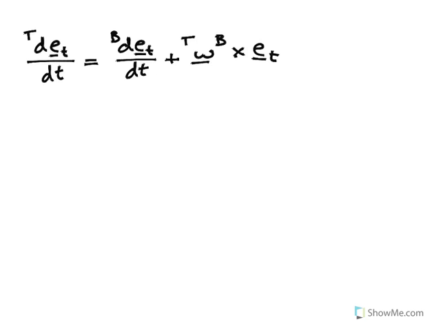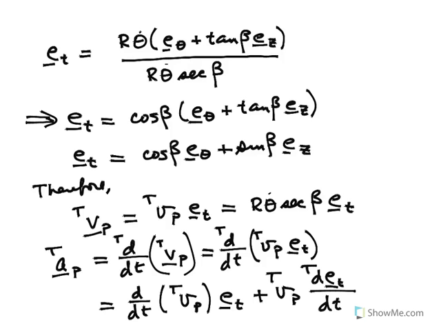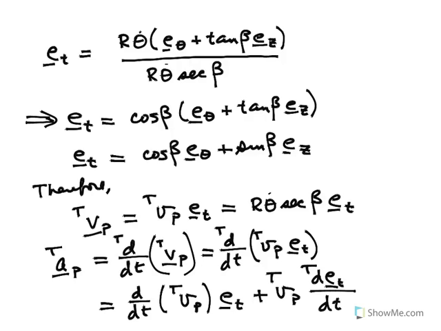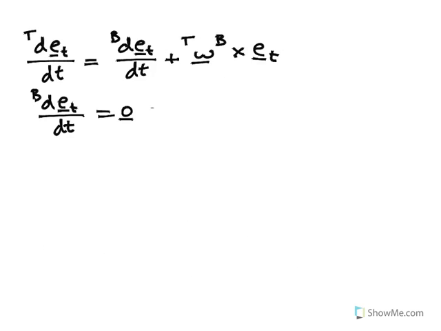That comes directly from the fact that we've expressed the tangent vector in terms of a basis that's fixed in reference frame B, and we want the rate of change of the tangent vector relative to the track, so we have to apply the transport theorem. The rate of change of the tangent vector in reference frame B is equal to 0 because beta is constant and the basis vectors are fixed in reference frame B.